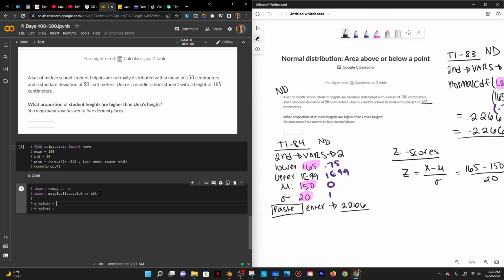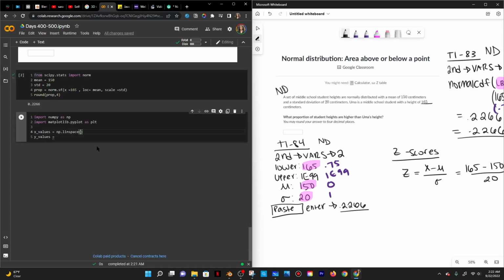My x values are going to come from np.linspace, and np.linspace takes in three parameters. Basically, it creates an array of values, so you can think of it as a list of your x values, and it takes in the starting point when you want to start, the ending point when you want to end, and then how many values you actually want.